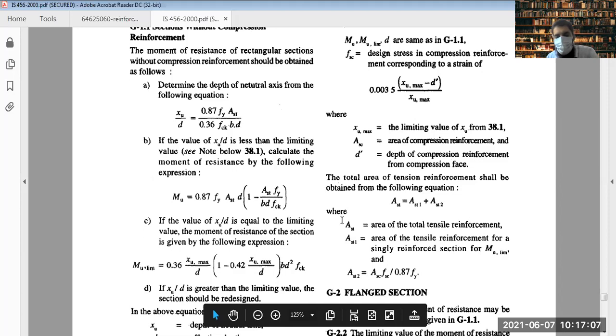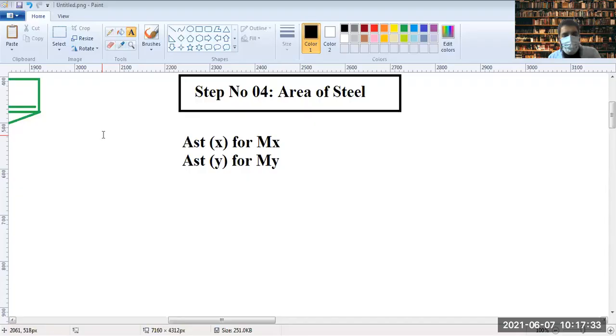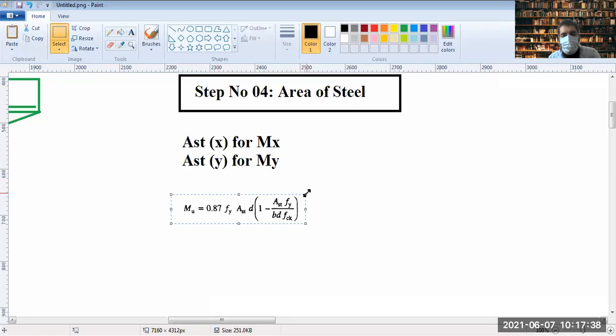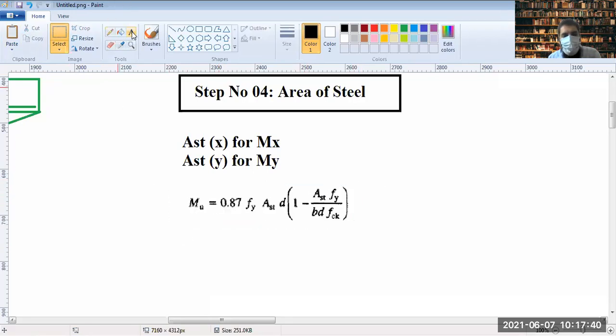You go with this formulation, and this formula is valid for slabs which are under reinforced. So this is the formula that we are using.